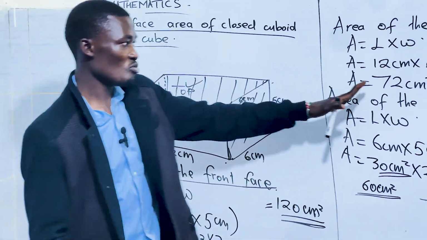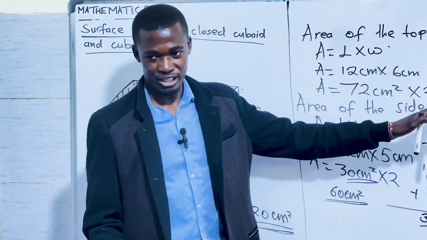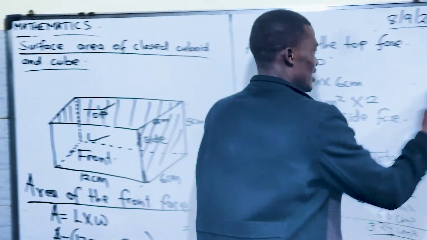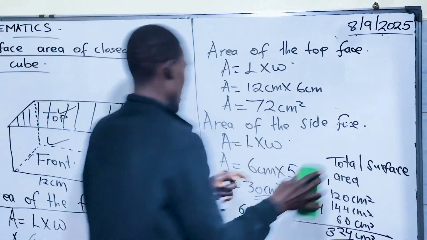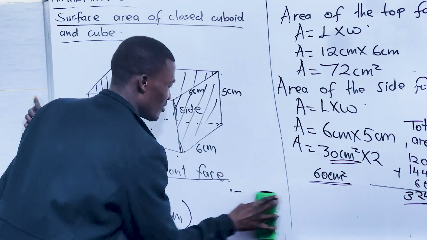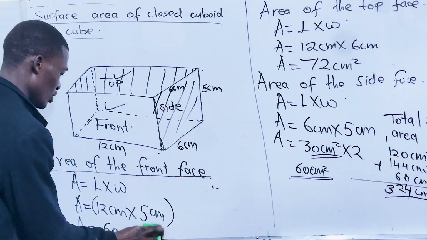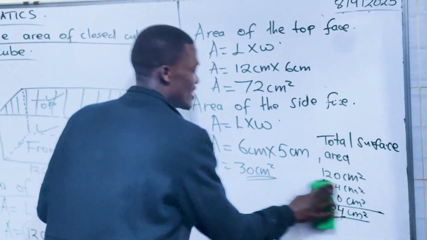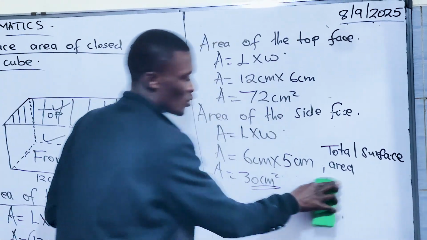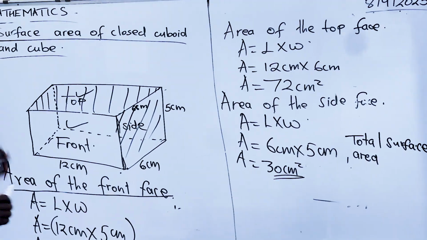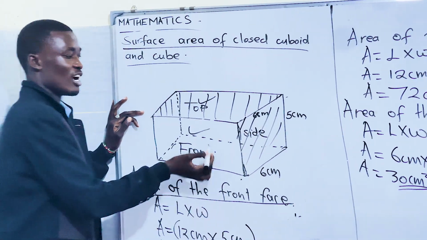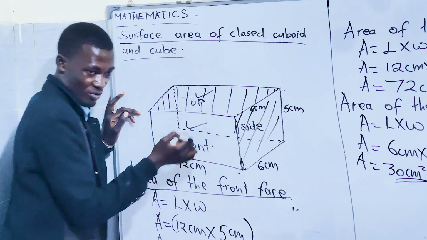Now, assuming we did not multiply by 2, that means this one will not be there, and we will also not have this one here. But still we can add the area of the three faces: the area of the top, the area of the front, and the area of the side.